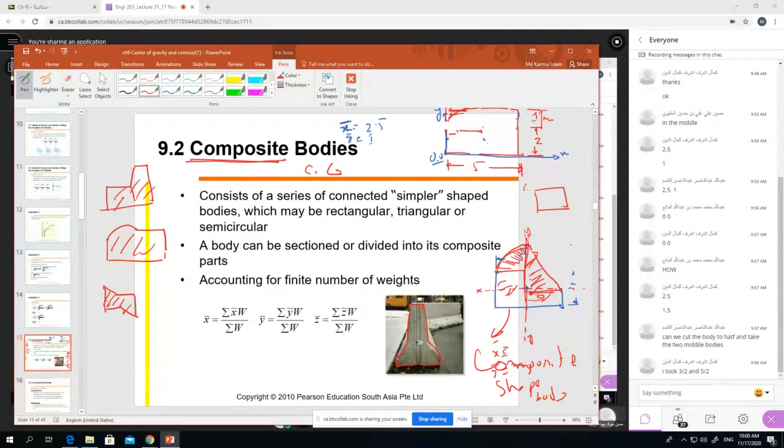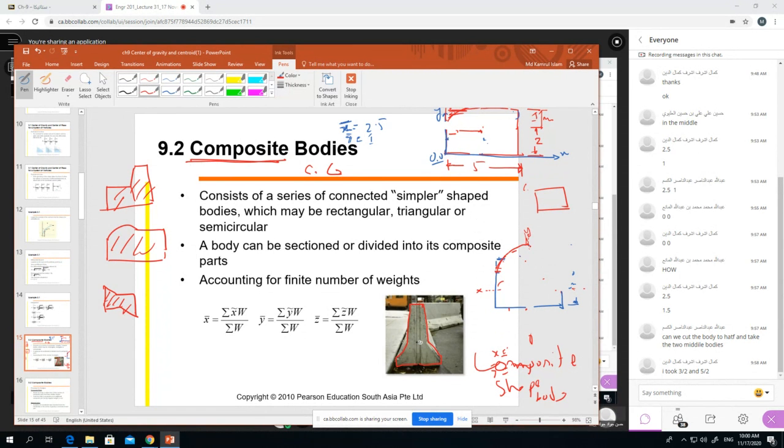But if it is like this, or like this one shape, then how do we find the center? How can we find the center? If, for example, our shape is like this, how can we find the center?